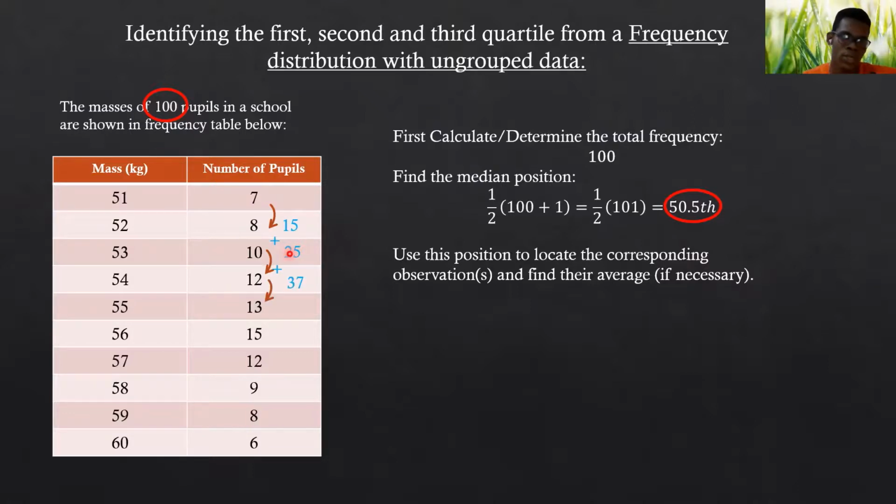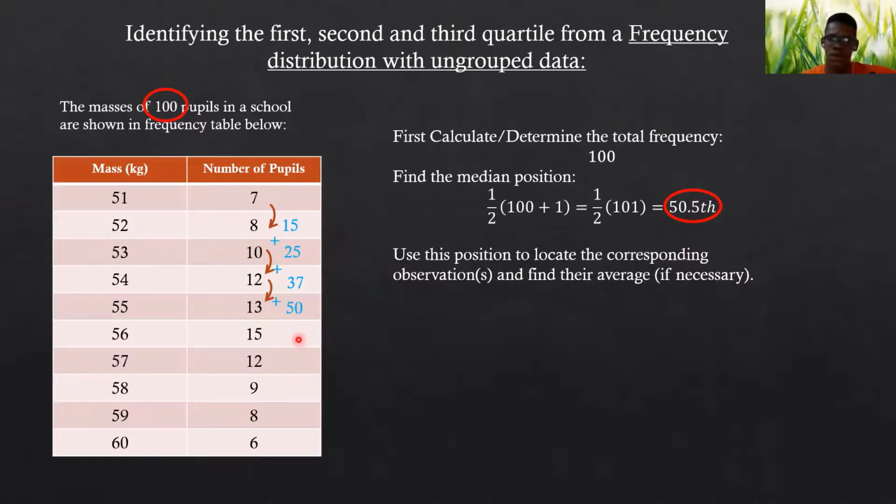We keep going until we reach a value that's equal to or more than 50. So we reach 50 now. Because this value is 50, which is the whole number for the median position, instead of stopping at 50, we have to go one more value down. We have to go more than 50, because 50.5 is between 50 and the next cumulative frequency.